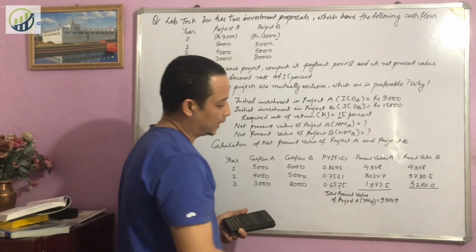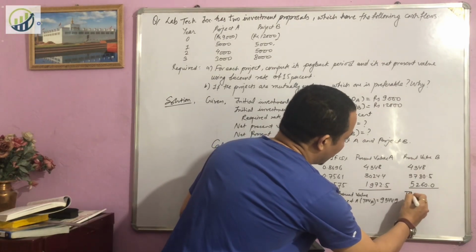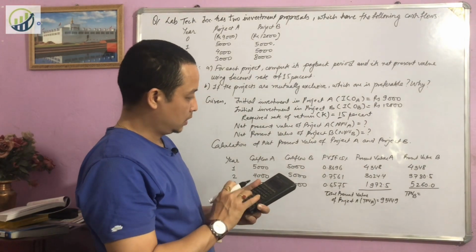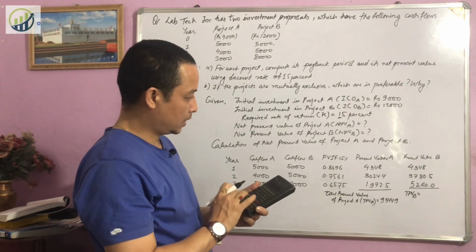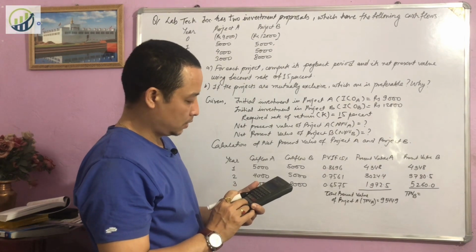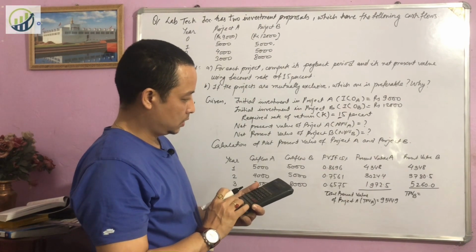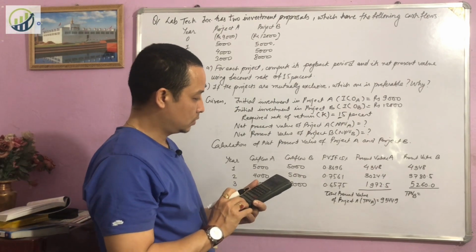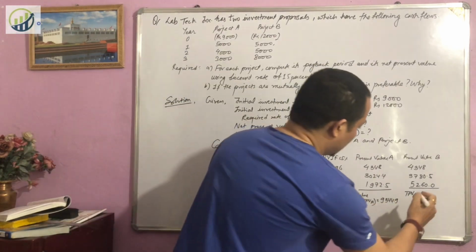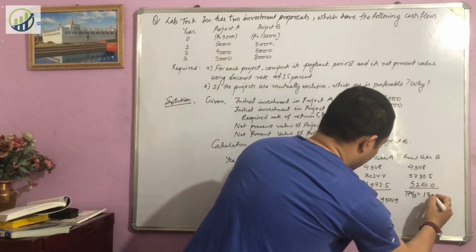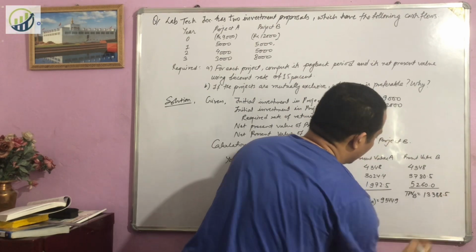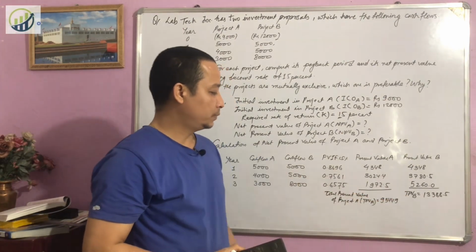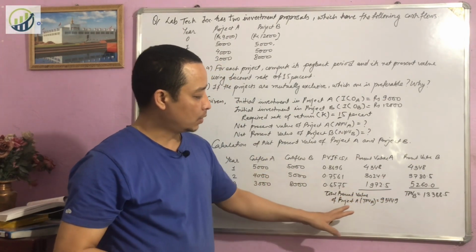Similarly you can write shortly here the total present value of project B: 4,348 plus 3,780.5 plus 5,260.0, that will be your 13,388.5.